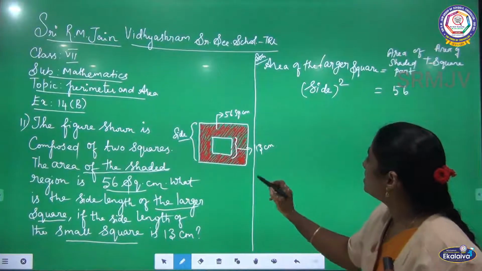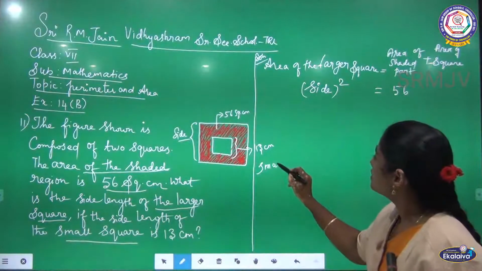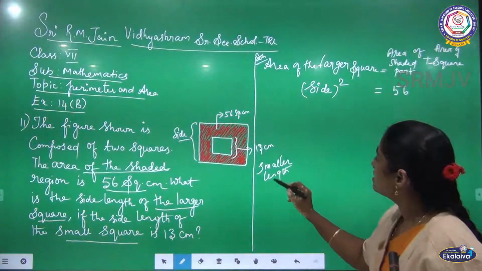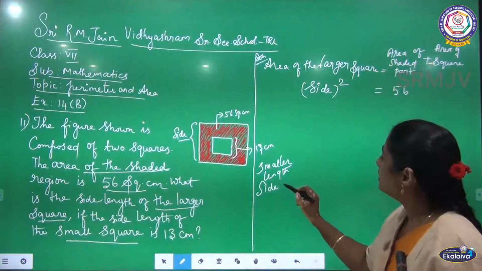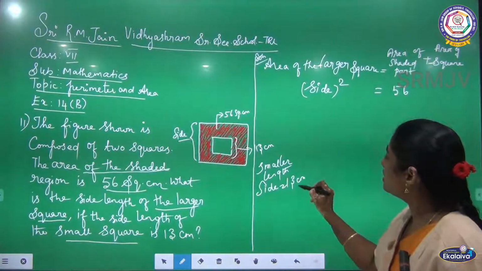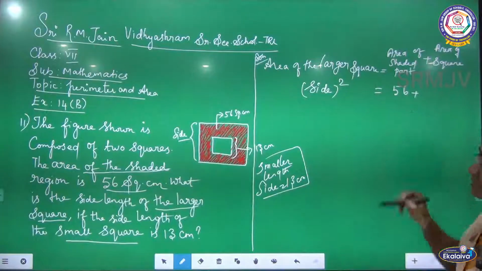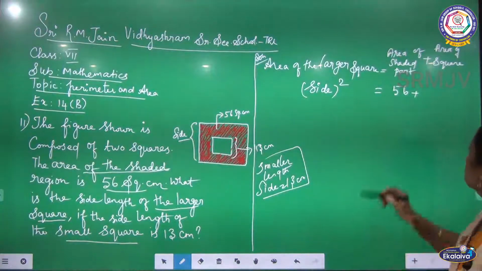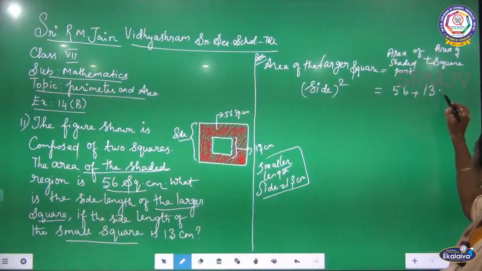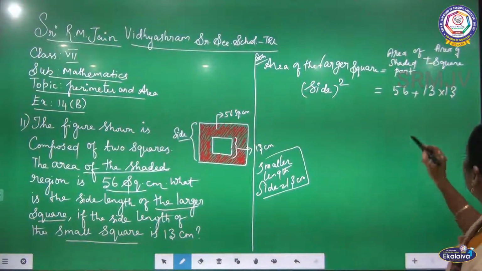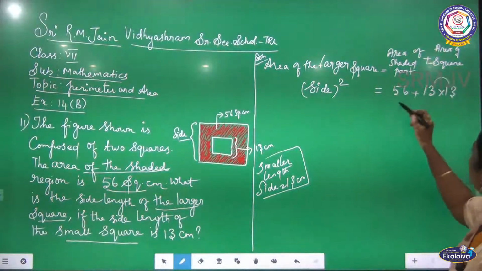Smaller side is equal to 13 centimeter, which is given in the question. So, 56 plus 13 into 13. Got it?